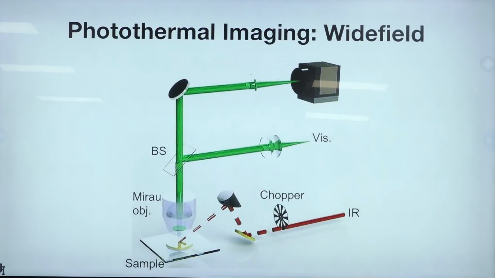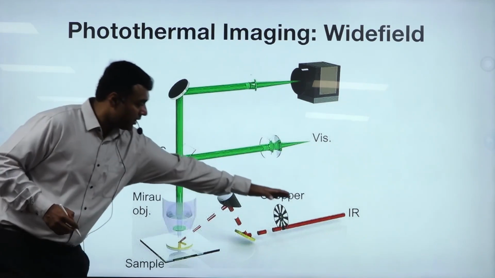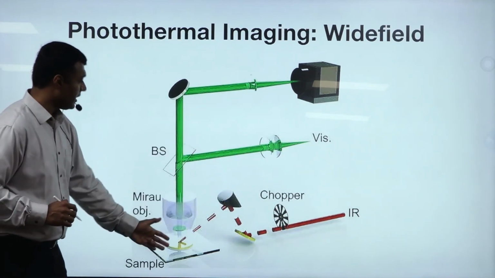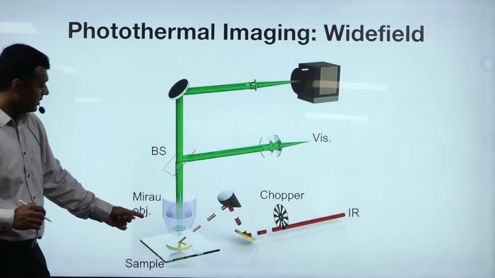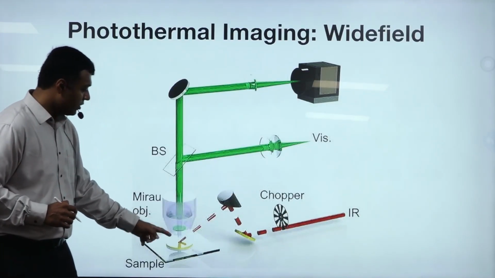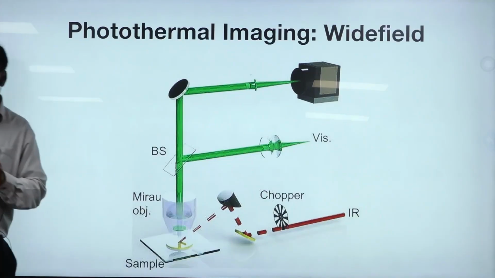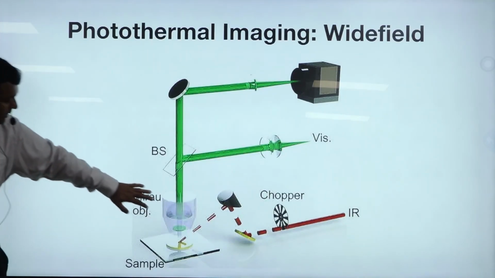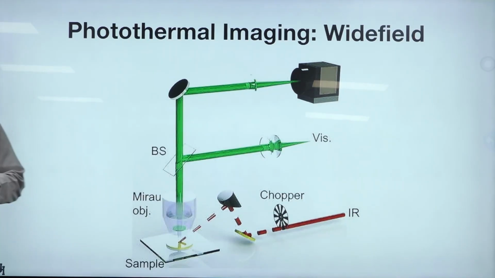So going along the same lines, this is the last type of system that I'll show you. This IR is incident on the sample, and then the visible is here. The idea is that instead of using a bunch of other objectives and different ways of collecting the data, they've used what's called a mirror objective.